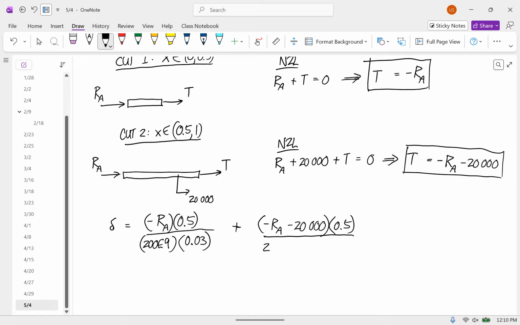And then we have 200 times 10 to the 9 times 0.03. And if I multiply this all out, I can just simplify this. I'll do the other one too here.